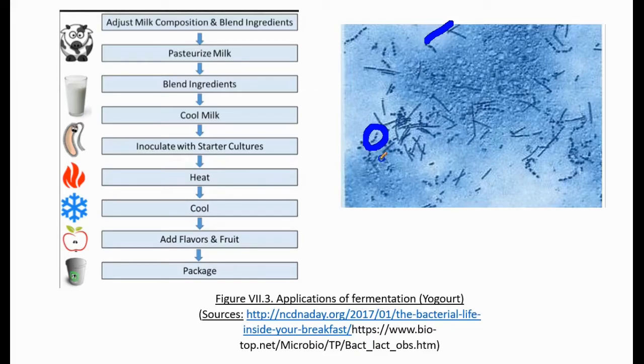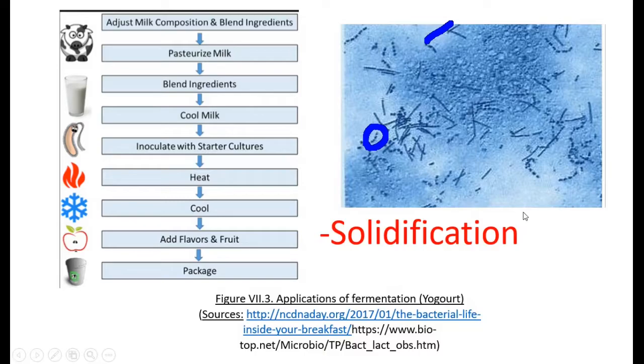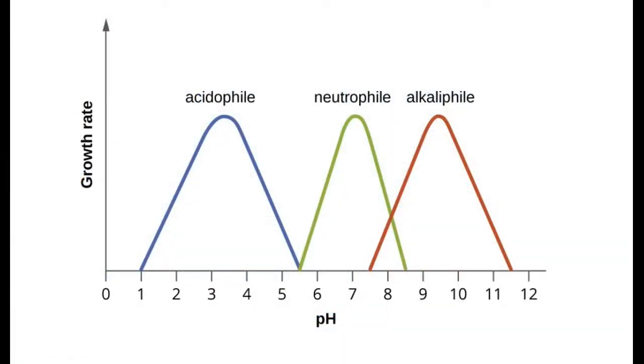Therefore, it will kill off some of the microorganisms. So if we sum up the two purposes, the first one is solidification, the milk becomes solid, and the second one is preservation.